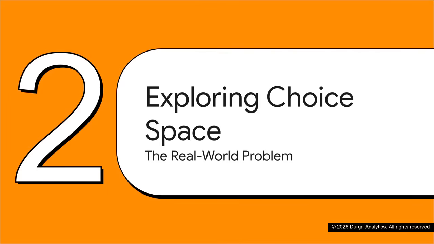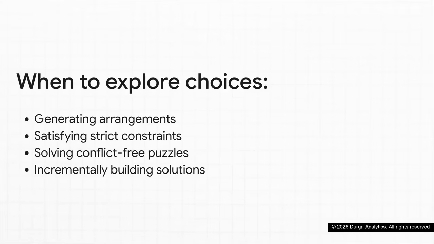All right, moving on to Part 2, exploring the choice space, or the real-world problem. In everyday software engineering, you're going to hit problems that genuinely require exploring a ton of different combinations. Maybe you're generating all possible arrangements or permutations of a dataset, or finding combinations that satisfy really strict constraints.